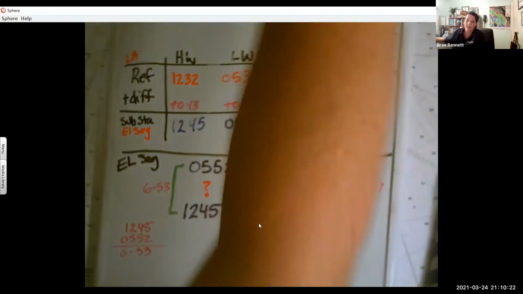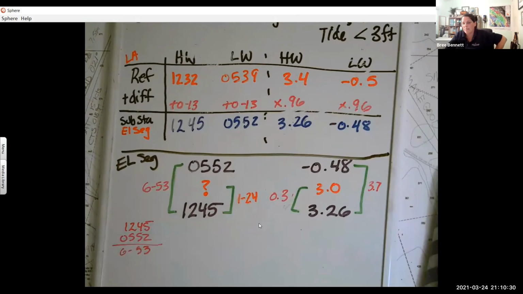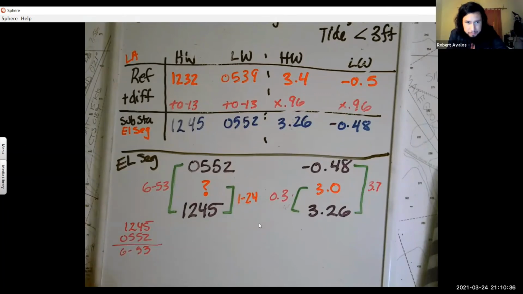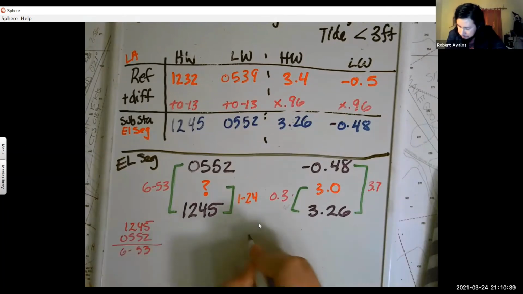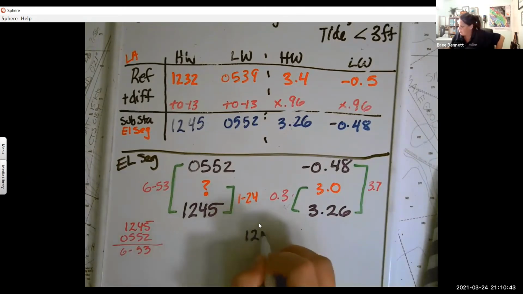Okay, but again, my question is not a good question here. I apologize. Okay, so this 1 hour and 24 minutes, am I adding or subtracting that to my 12:45? Subtracting. So I have 12:45 minus 1:24.